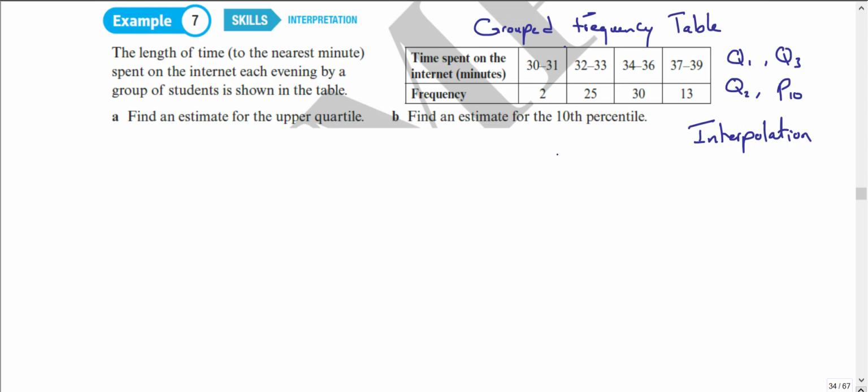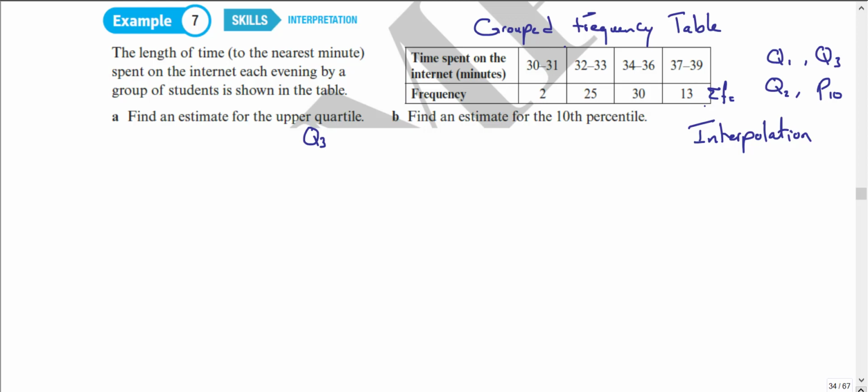So the question here is: find an estimate for the upper quartile. That's Q3. How to find Q3 from a frequency table with groups, classes? We add up the frequencies and then multiply by 3/4.